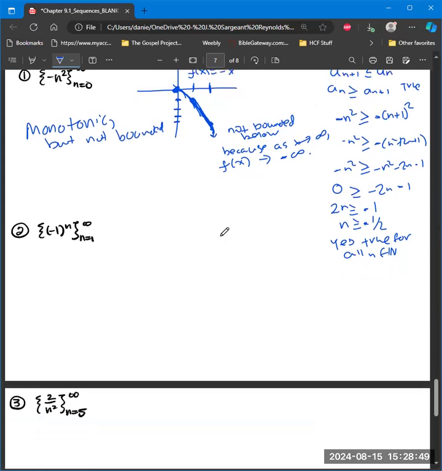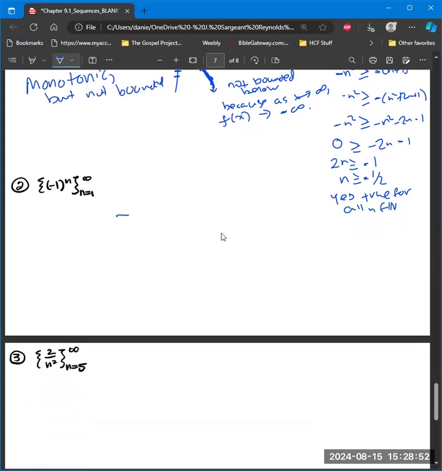All right, second one here. We've got -1 to the n from n equals 1 to infinity. So n equals 1 is -1, then 1, then -1, then 1, and so on.